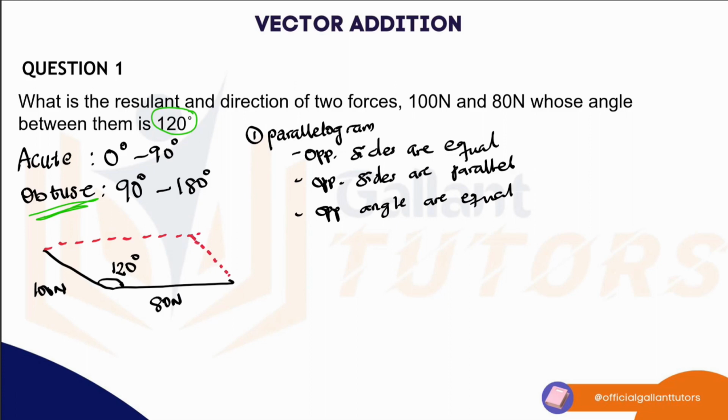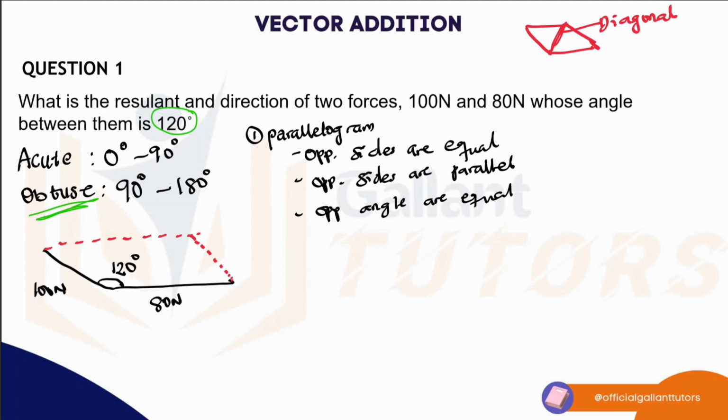Since opposite sides are equal, it will be like this. Now, if we represent a parallelogram this way, this particular part is called the diagonal.